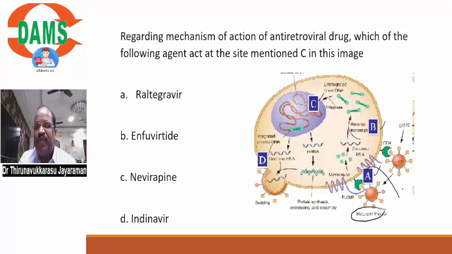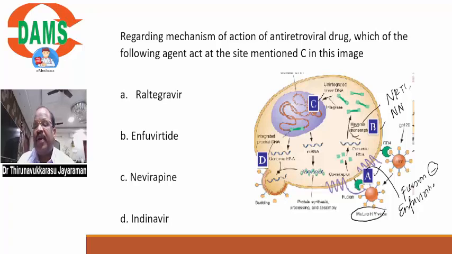That means it's a fusion inhibitor, for example enfuvirtide. Option B is inhibiting reverse transcriptase enzyme. That means we have NRTI, nucleoside reverse transcriptase inhibitors, and NNRTI, non-nucleoside reverse transcriptase inhibitors.